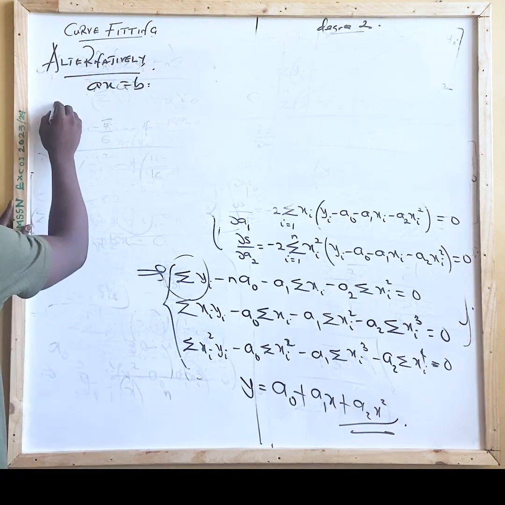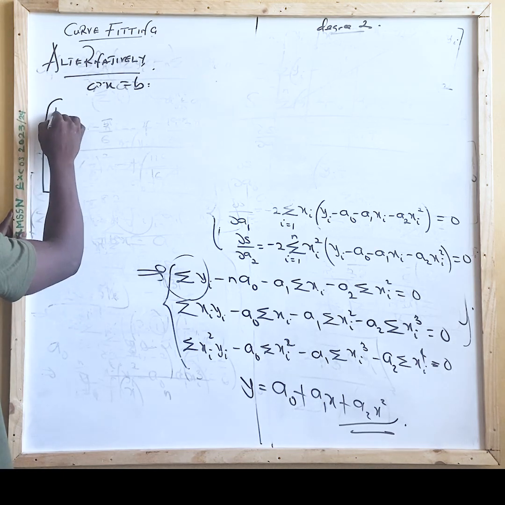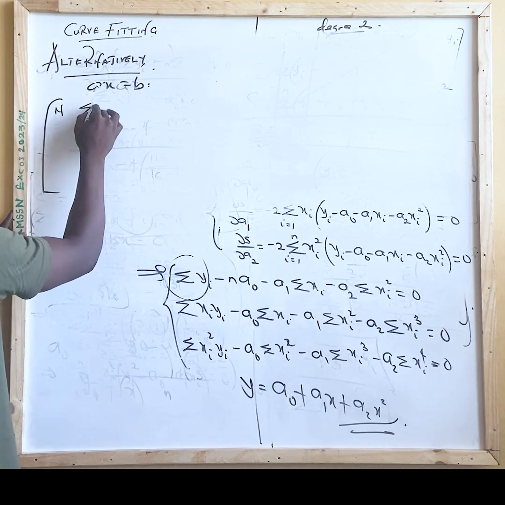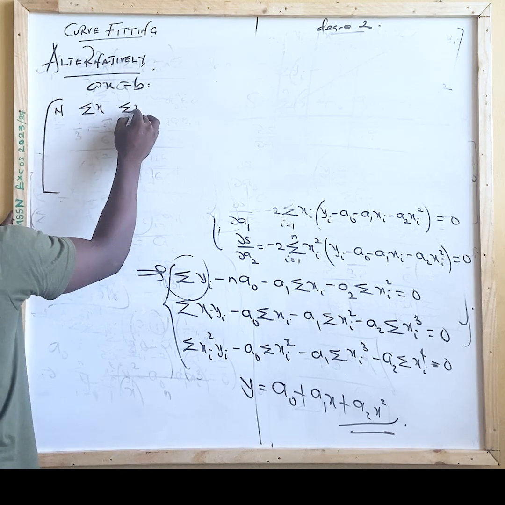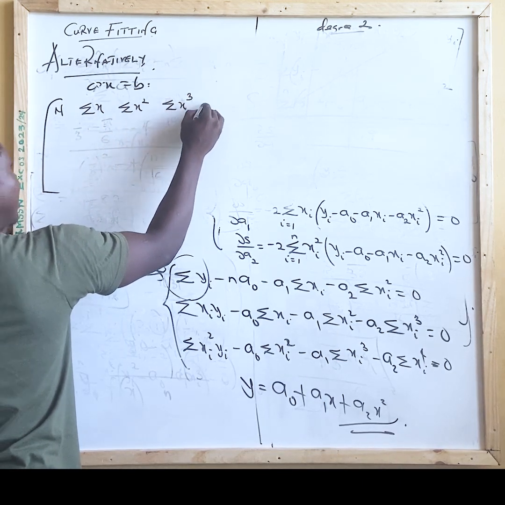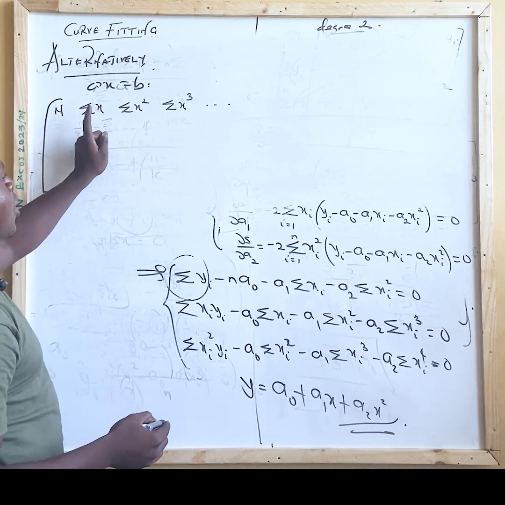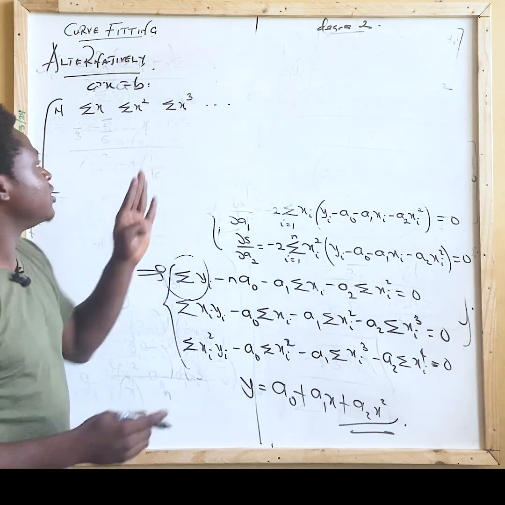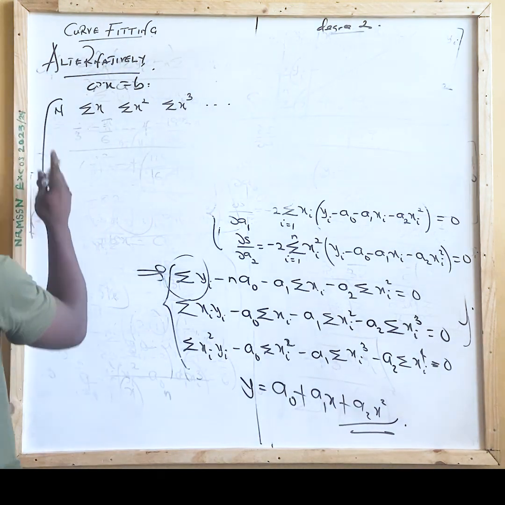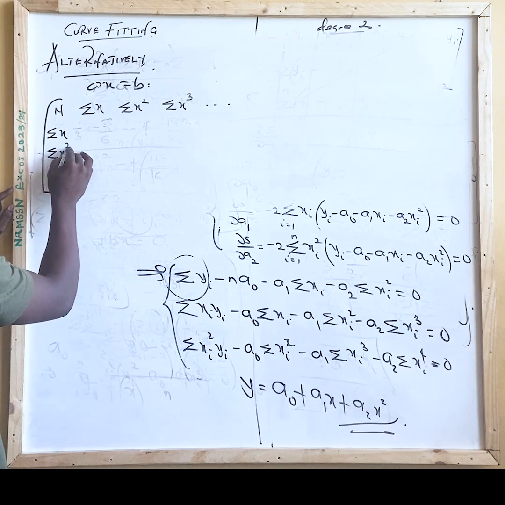Our A in this case starts with n, summation x, summation x square, summation x cube, and so on. Same thing for the next row: summation x, summation x square, and so on.